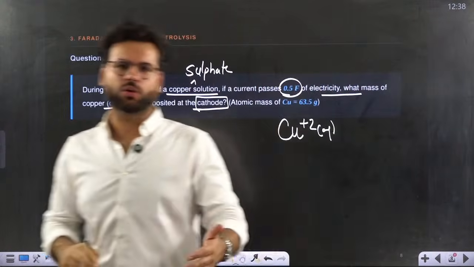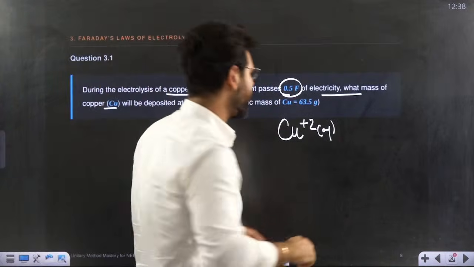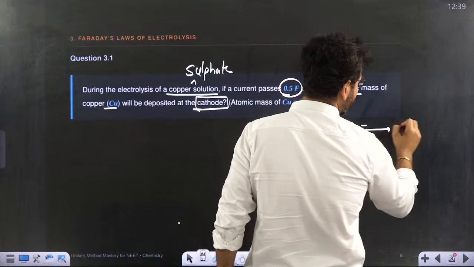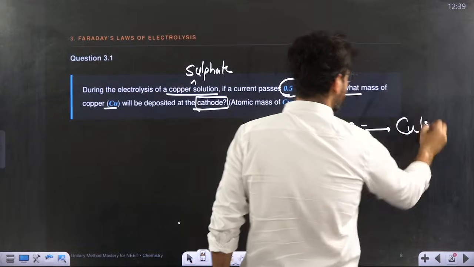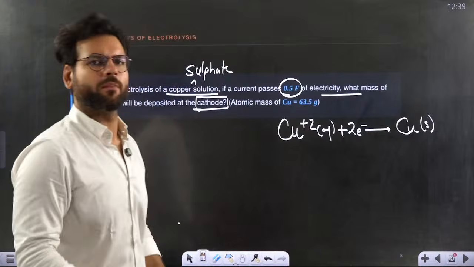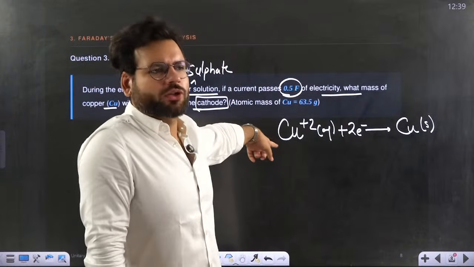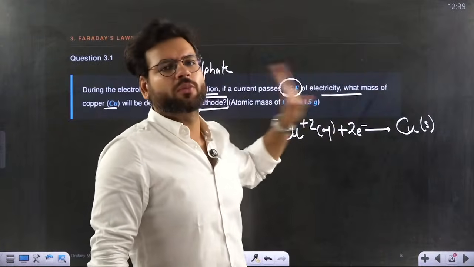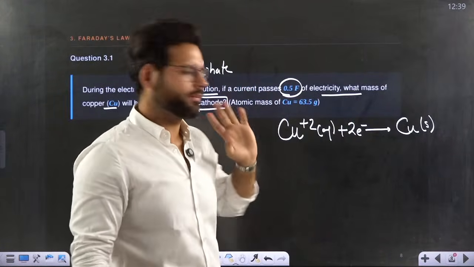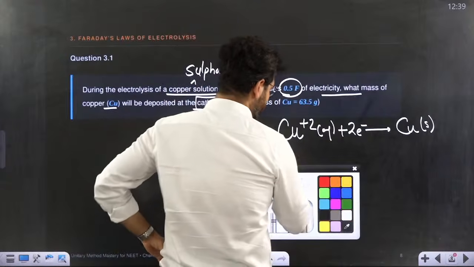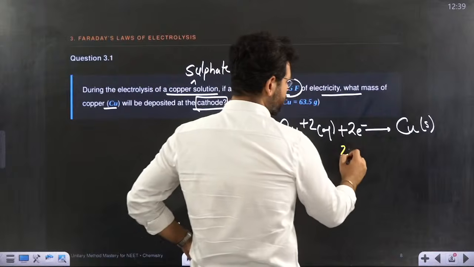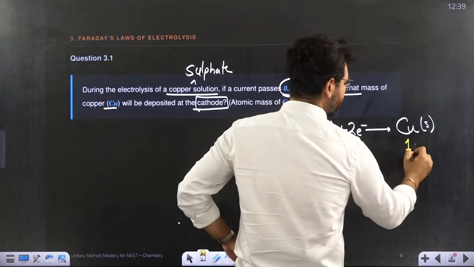Cations go to the cathode, where reduction happens. So this cation takes up 2 electrons and becomes solid copper. That means 1 mole Cu2+ reacts with 2 mole electrons to give 1 mole copper.